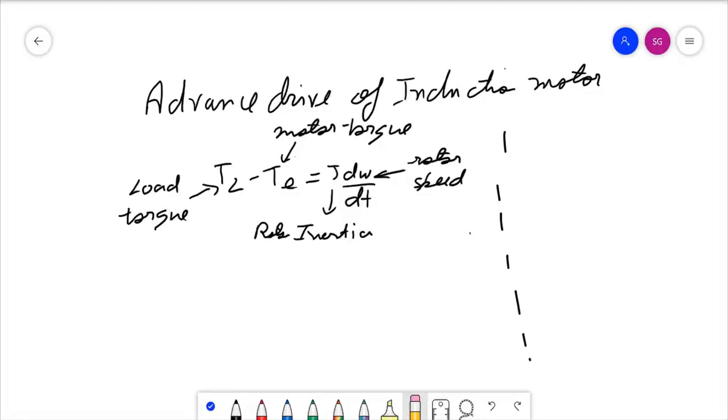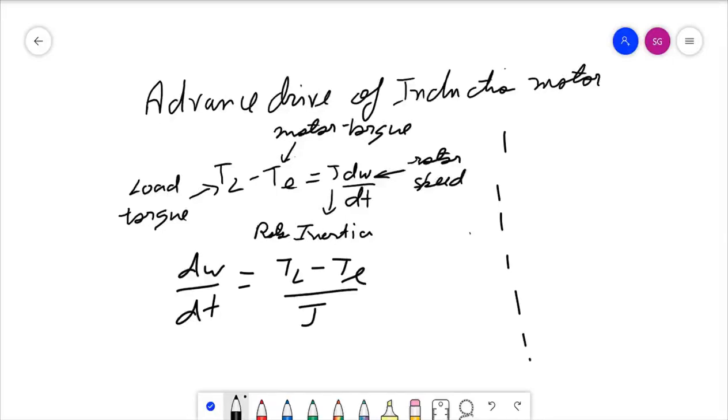So we can rewrite this equation. d omega by dt will be equal to TL minus TE divided by J. We know that the load torque depends upon the load which we are running. J is the rotor inertia. As soon as you design the rotor, the inertia of the rotor will be fixed.